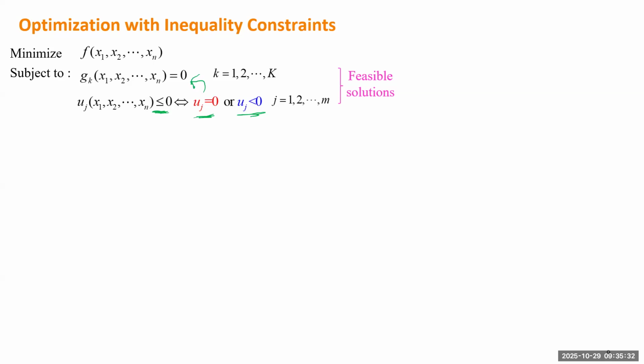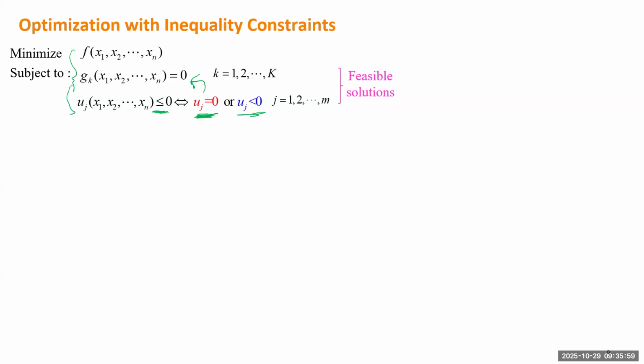So the idea to solve the optimization with equality and inequality constraints can be like this. We borrow the idea from the optimization with equality constraints. We first solve the optimization with equality constraints only. Also, if this equality holds, we can add that one also to the equality constraints.